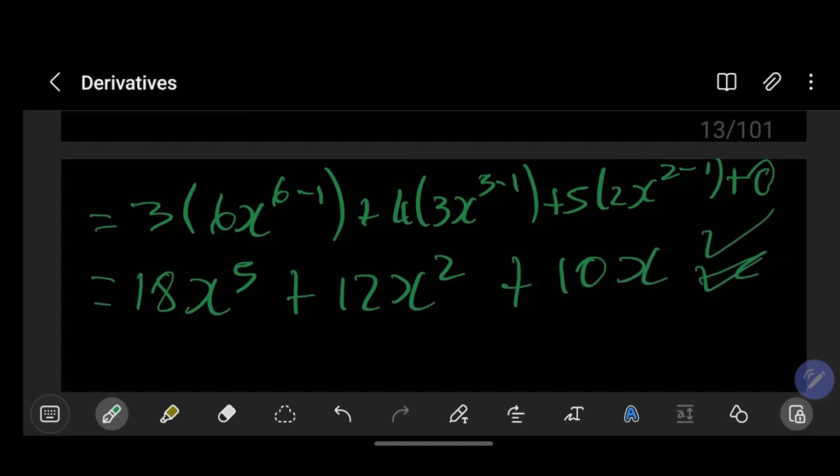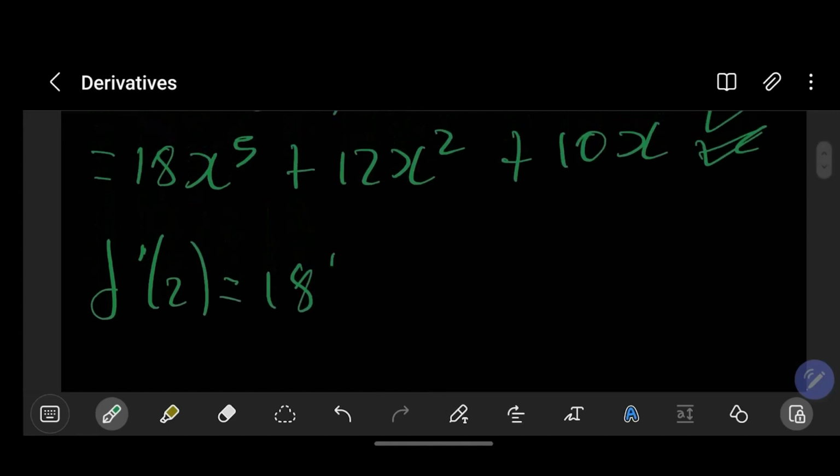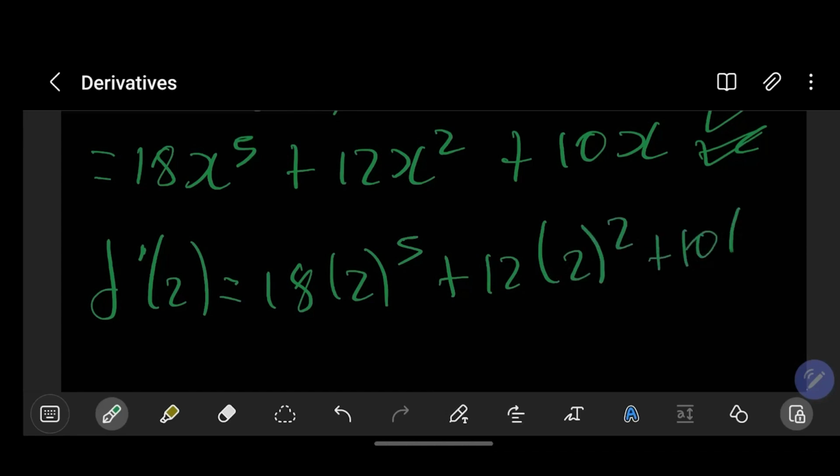So step 1 complete, right? So first marks are done. Now we need to use f prime of 2. So we need to find what f prime of 2 is, and that's basically 18 into 2 to the 5 plus 12 into 2 squared plus 10 into 2.